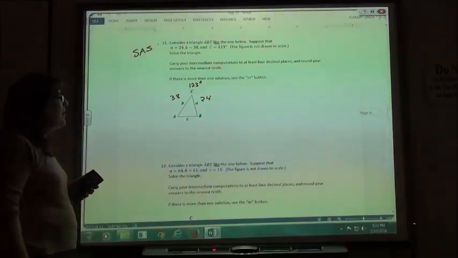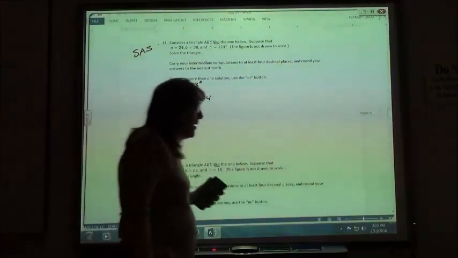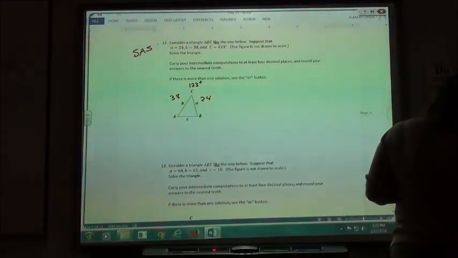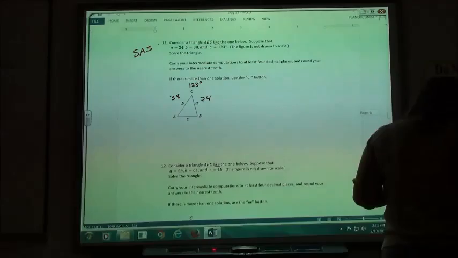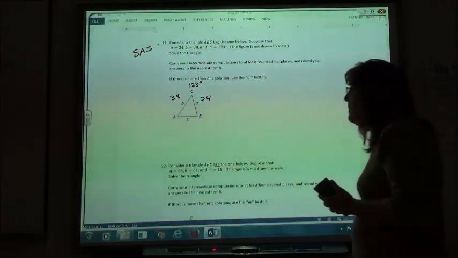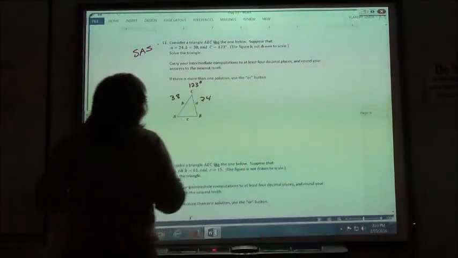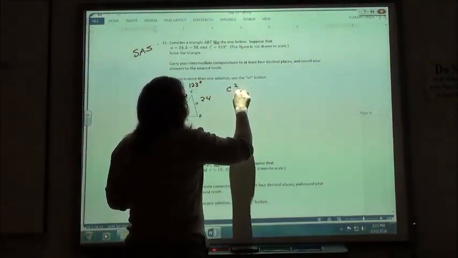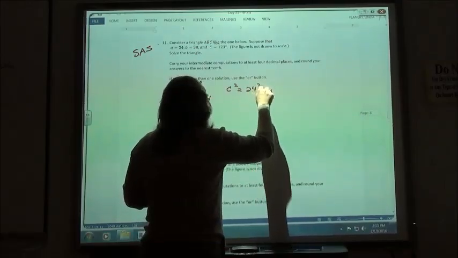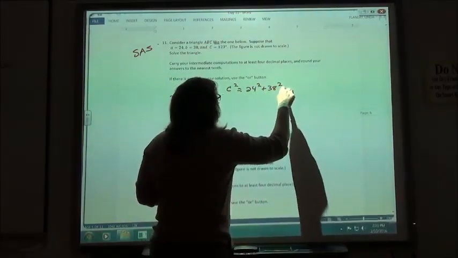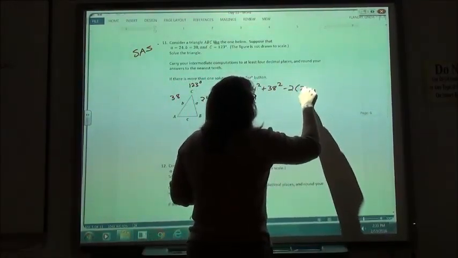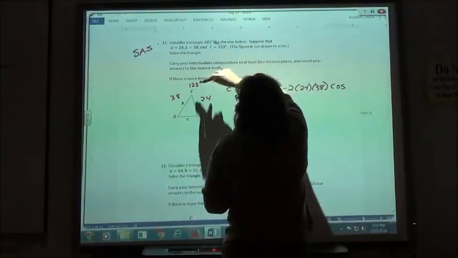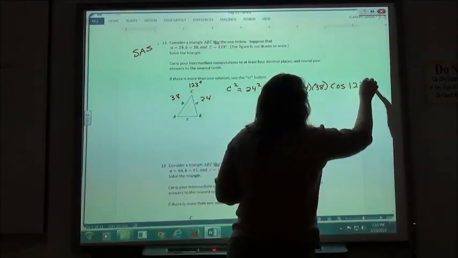So, on here, if I'm going to solve that first one here, I want to find my missing side, which is side C. So I can use my law of cosines and say that C squared is equal to A squared plus B squared minus 2AB cosine of C, which is 123 degrees.